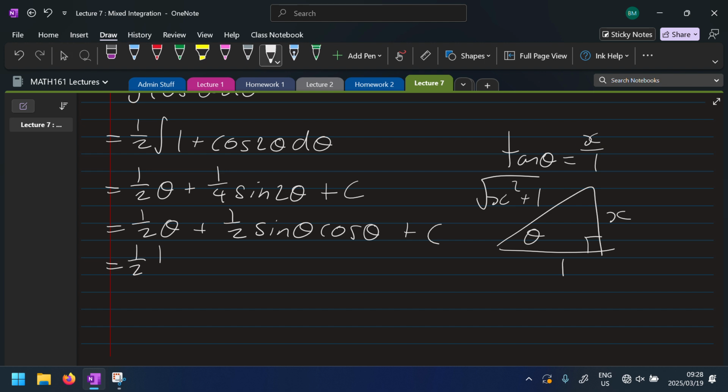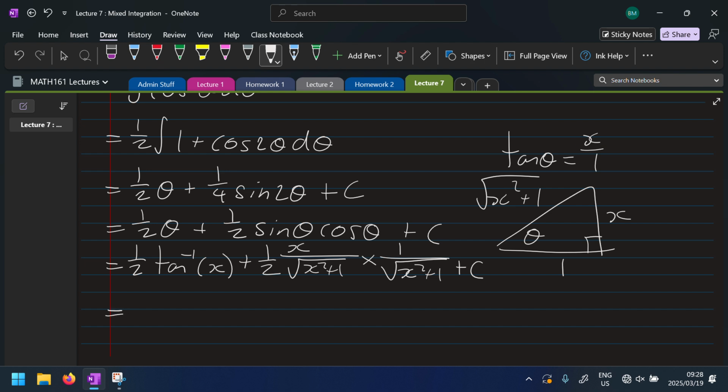So it's going to be 1/2 arc tan x, just inverting that equation we have in the top right, plus 1/2 sine theta, like I said, opposite over hypotenuse, so x over root x squared plus 1, and cos theta, adjacent over hypotenuse, so 1 over root x squared plus 1.